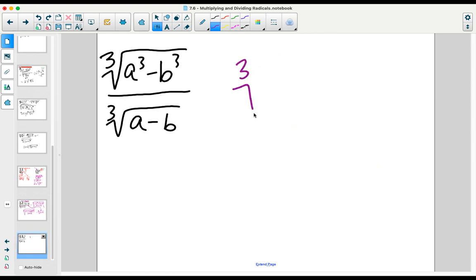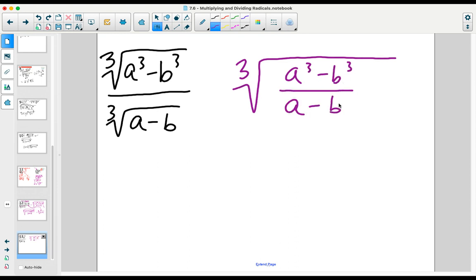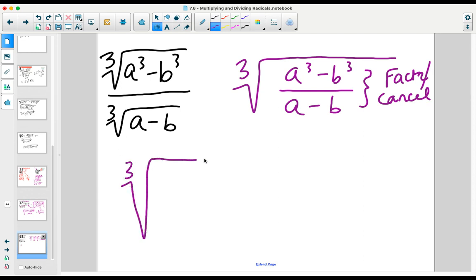We'll do the same thing with the cube root. We'll put together our insides, and resist the temptation to just start scratching out a's and b's. That radicand is a rational expression. This must be simplified with factor and cancel. It cannot be simplified any other way. So we leave our cube root.